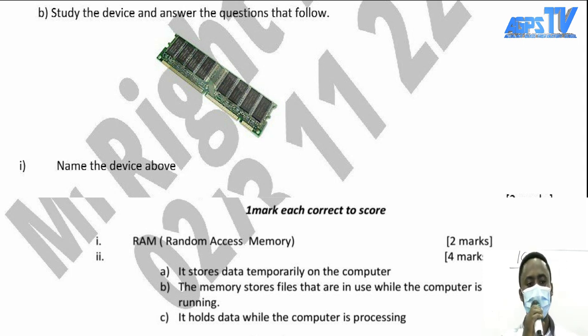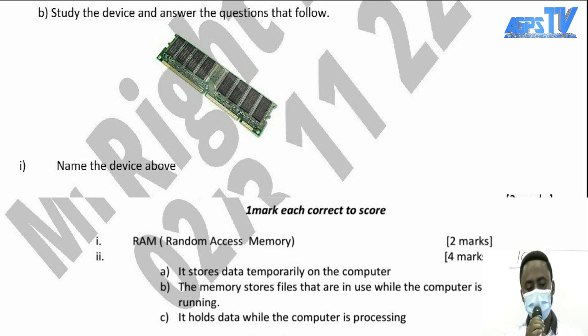A primary storage device. When I say primary storage device, they are devices that store information on a temporal basis. Unlike the pen drive, which is a secondary storage device, which of course stores information permanently.